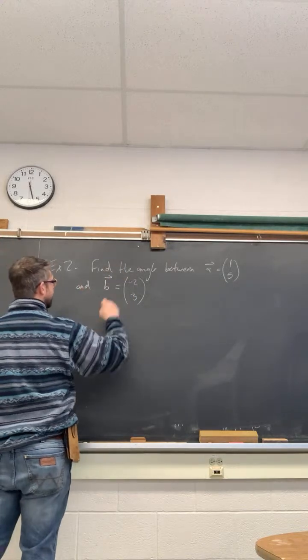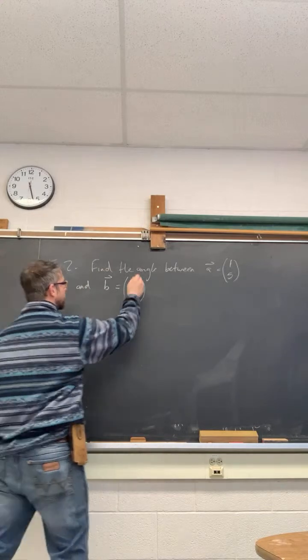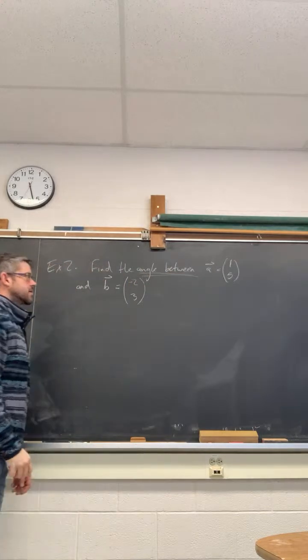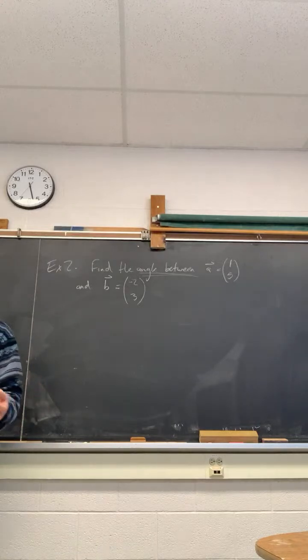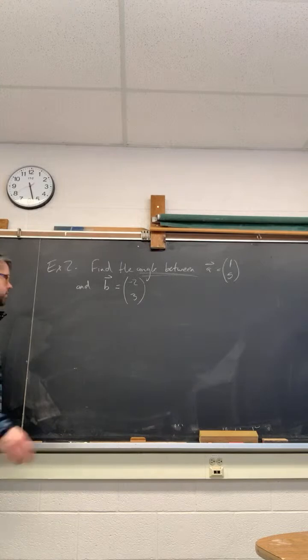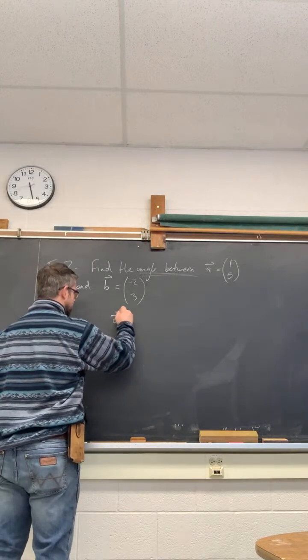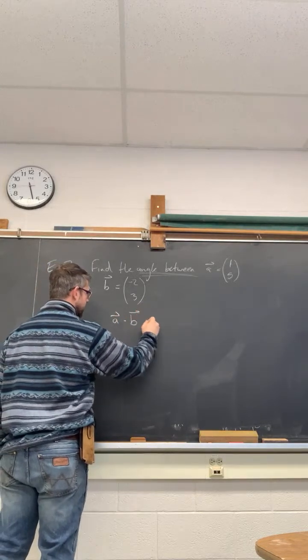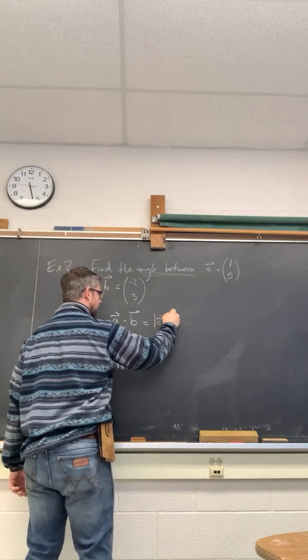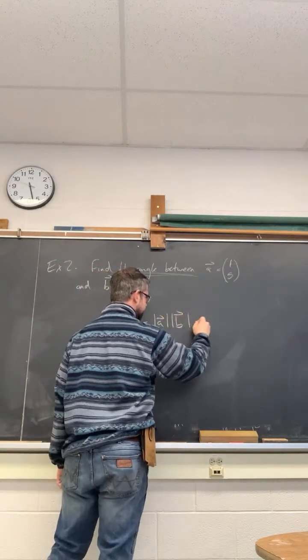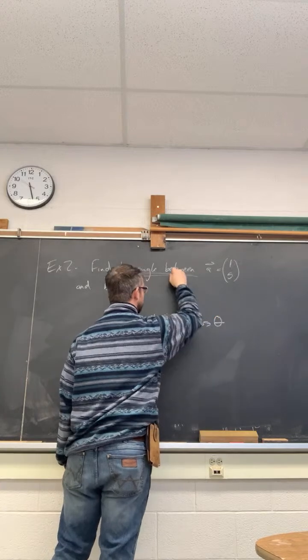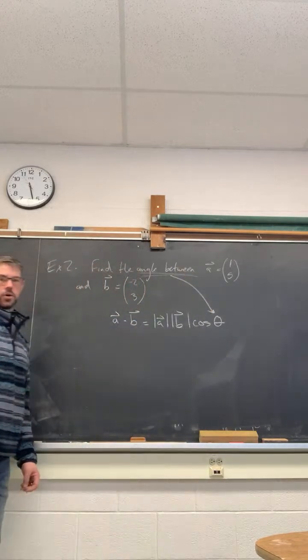So let's find the angle between these. Well, if I wanted to find an angle between, that's a good indication that I'm looking to measure. And if I'm measuring an angle, then I'm going to use the scalar product or the dot product. So I'm going to just write out the dot product between these 2 vectors. I write out this formula a lot so that way I don't forget it. But the angle between is that theta that we're looking for there.